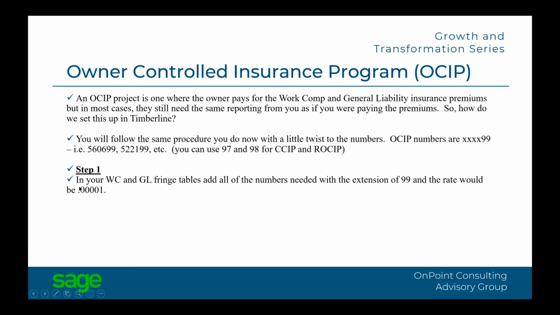So the step one in your workers' comp and GL fringe tables, so you have one called WC, that's a fringe, and then you have a fringe that's called GL. So we need to add these numbers to that table, and then the rate is the 0.00001, which it has to have something in there, but when you round, it will not charge anything.